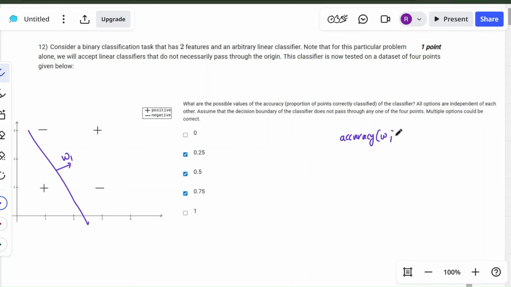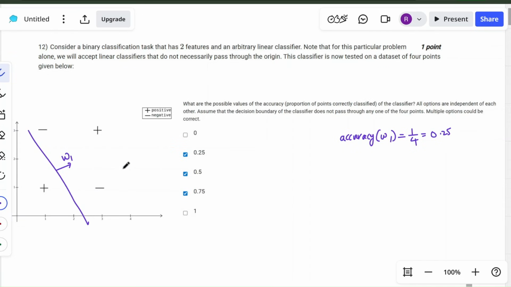It will predict all these three data points to be positive and this to be negative. So it will be correctly classifying only one. So it will be 1 by 4, which is 0.25.